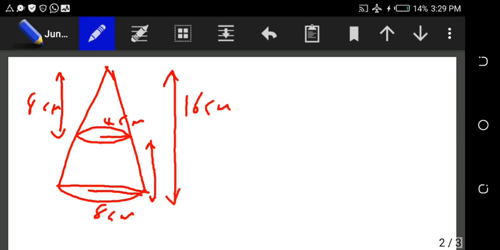Therefore, the volume of the frustum is given by the volume of the bigger one, V1 minus V2. Remember that our volume is given by 1/3 pi r squared h.